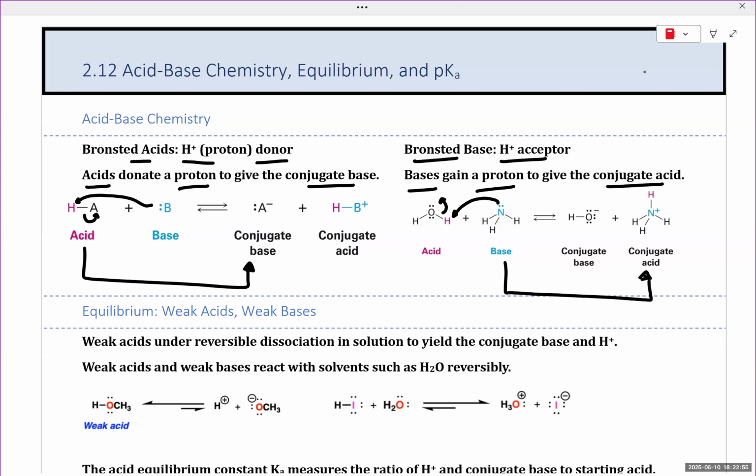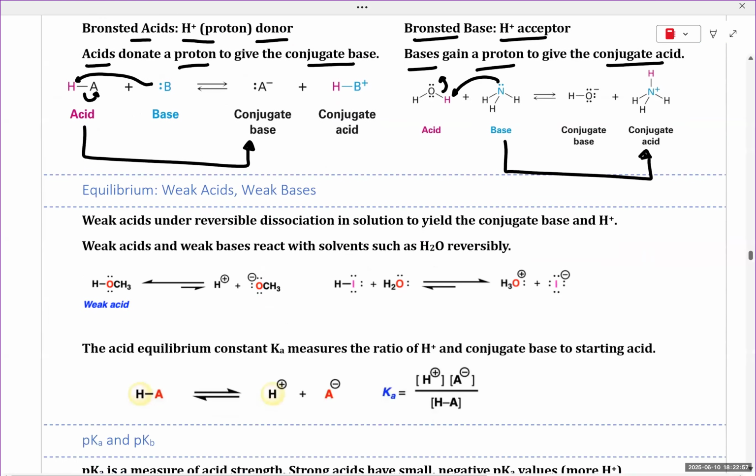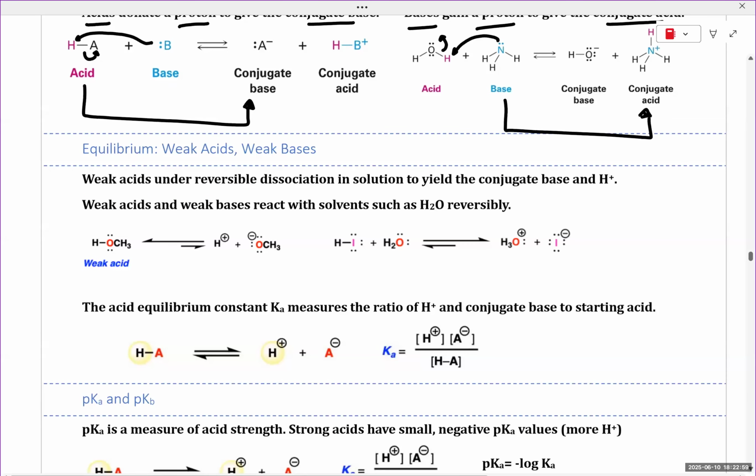Now, let's talk a little bit about equilibrium in the context of weak acids and weak bases. Weak acids undergo reversible dissociation in solution to yield the conjugate base and H+. Weak acids and weak bases will react with solvents such as water reversibly.